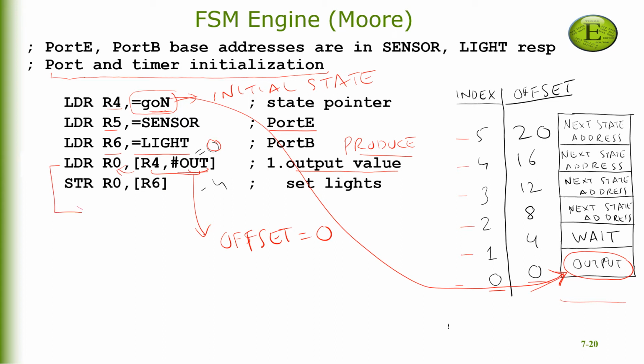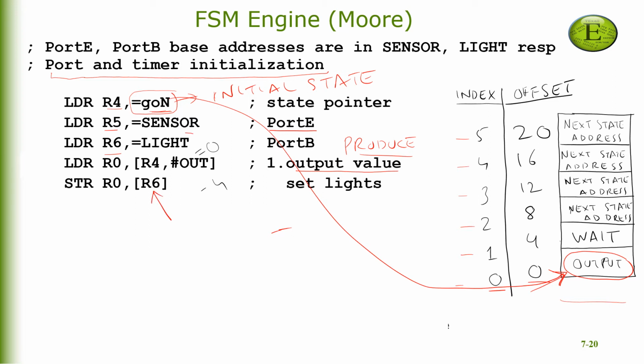So by the end of this instruction, register R0 contains the output of go north, whatever that number was. All right. So the output has been stored in the register R0, and we are going to dispatch that output to the address stored in R6.